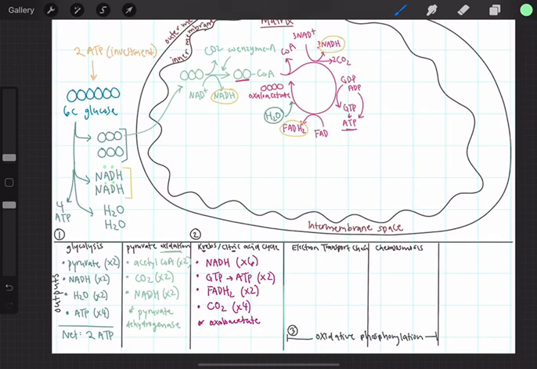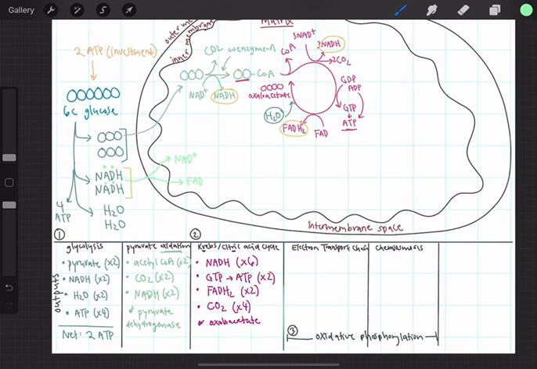They have to donate their pairs of electrons through the membrane, and those electrons will be accepted by other electron acceptors. So another NAD plus or an FAD molecule.